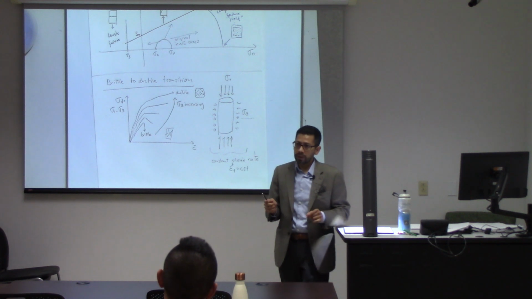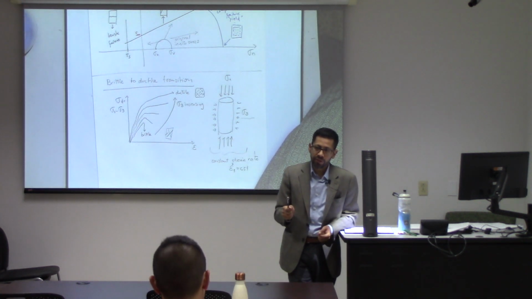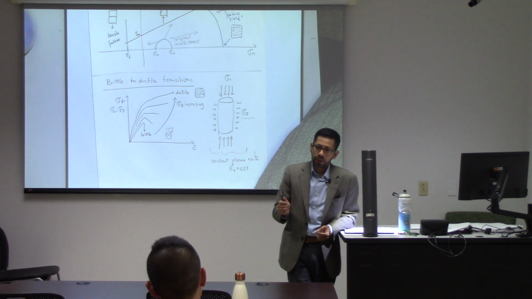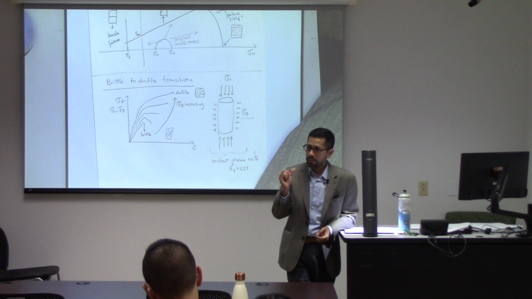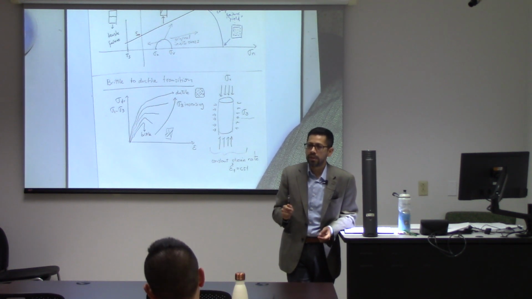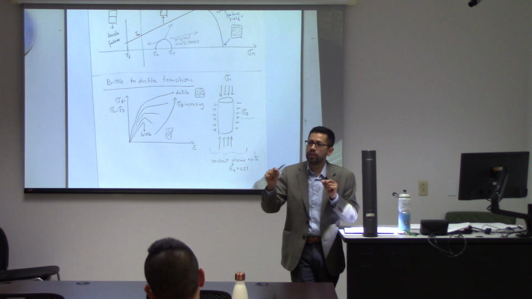Some of you, it depends on which group, and it depends what Jeffrey gives you, but you may work with this Texas cream limestone. That's a very soft rock, and at the magnitude of confining pressures that we're working in the lab, up to 1,000 psi more or less, you will see this transition from brittle to ductile.